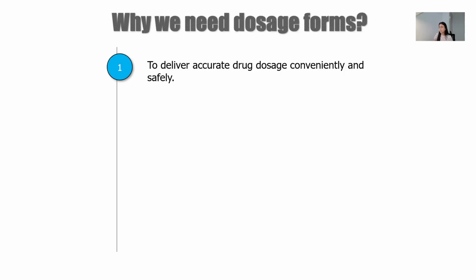So we need a dosage form that can pack all the active ingredients in one single, for example, a pill, where the patients can easily just pop it into the mouth and take the medications accordingly.